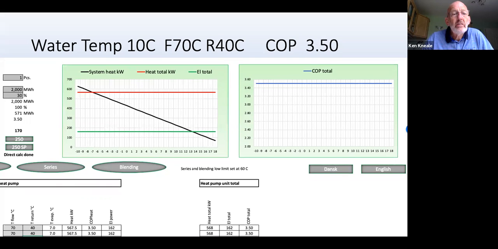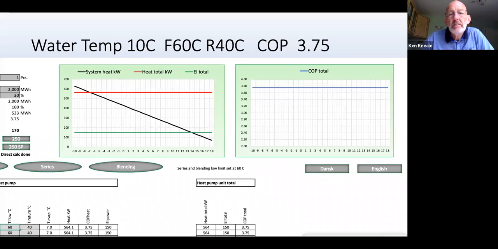Progress yet continues further. We now have a 70-40 flow and return, COP of 3.5, and a heat demand now to be met at -7.5.